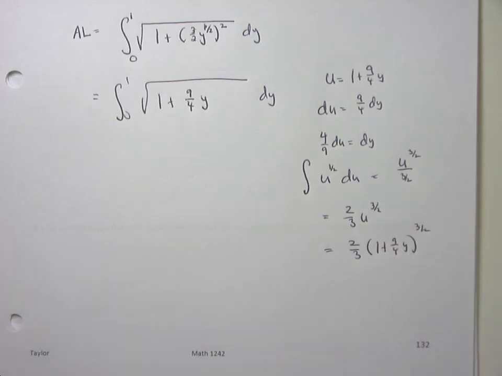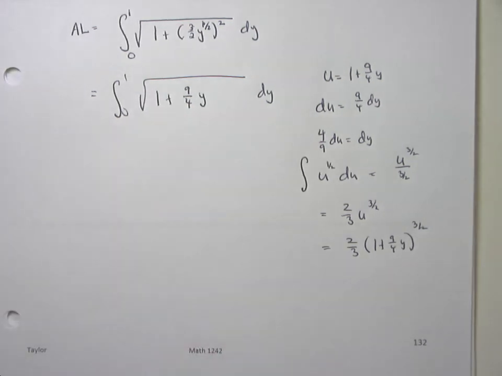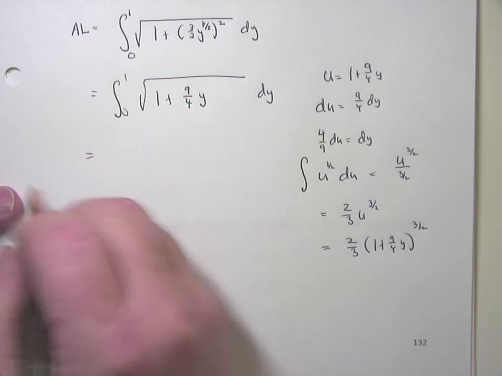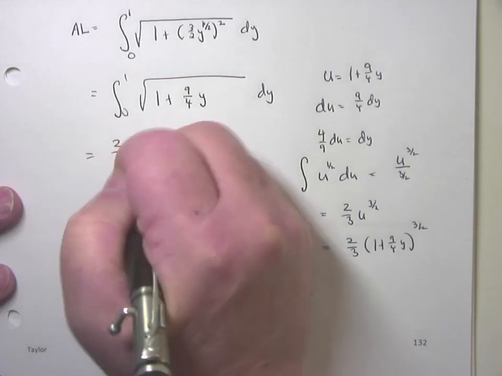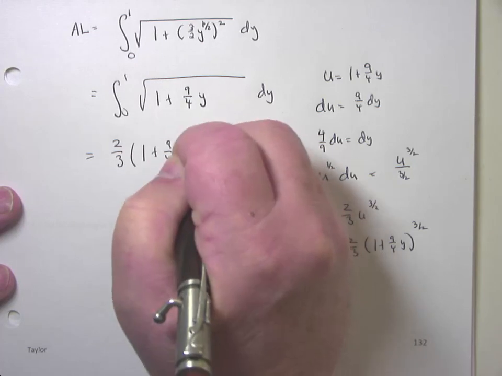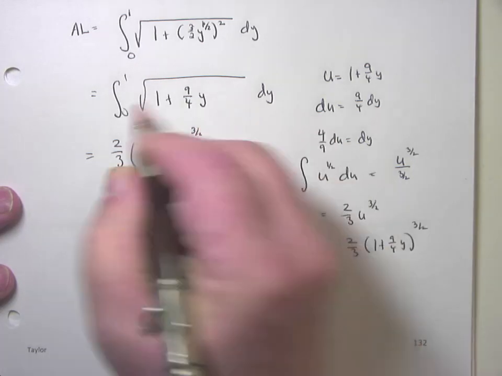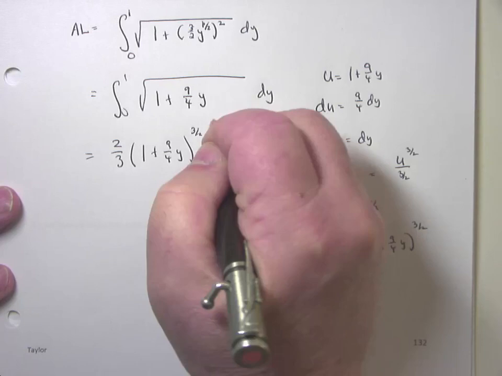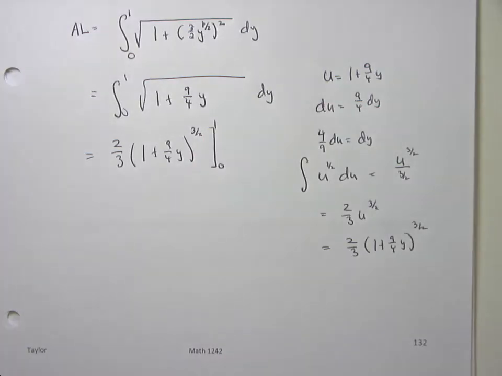So all this work is just integrating this guy. And this one wasn't too bad. So this is equal to 2/3, 1 plus 9/4 y raised to the 3/2 power, and then bracket from 0 to 1. No plus c's because I got bounds from 0 to 1.